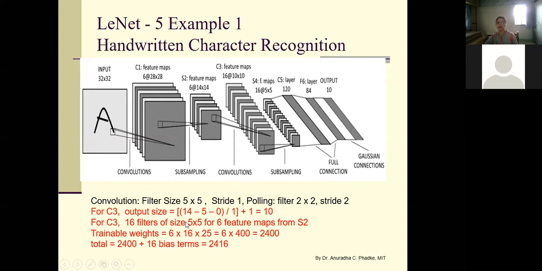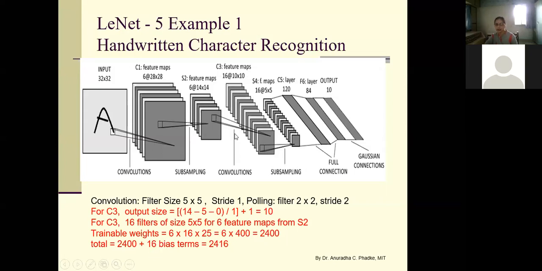So this 16 into 25, we need to multiply by 6 feature maps, because we use different filter coefficients for these 6 feature maps. So total trainable weights are 6 into 16 into 25, which is 6 into 400. So total there are 2400 filter coefficients, and for all these 16 filters, there are 16 bias terms.